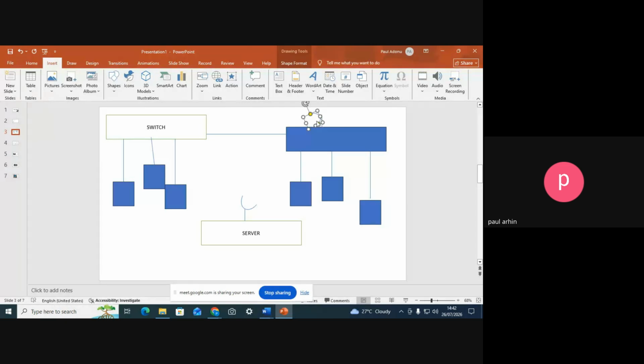Okay, so the bridges are not placed in your rooms. They are usually positioned on top of a building where that network is located. The reason it is placed on the building is this: you are transmitting signals from your particular branch to the main server room.